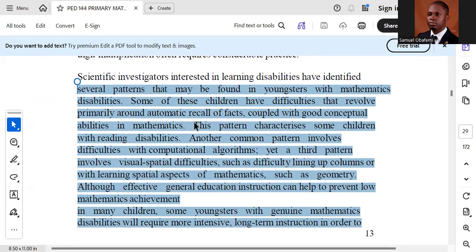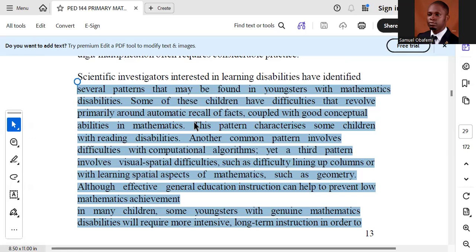Now, mathematics builds on previous knowledge. When you want to teach a child a new thing in maths, it's going to be easy when the child already has something about the concept you want to teach. So you cannot successfully teach a child division when the pupil does not understand multiplication. The two go hand in hand.